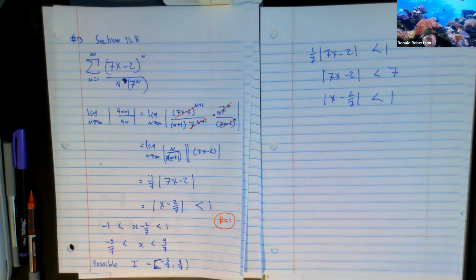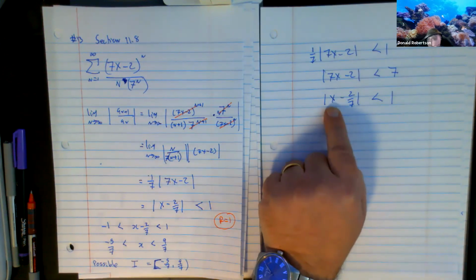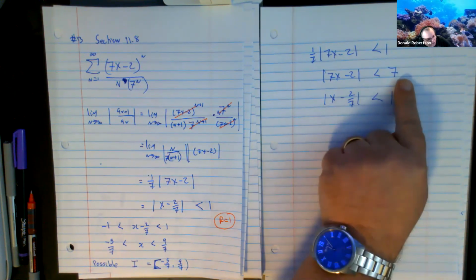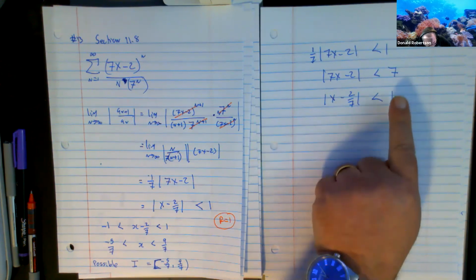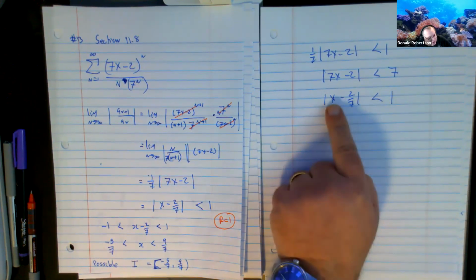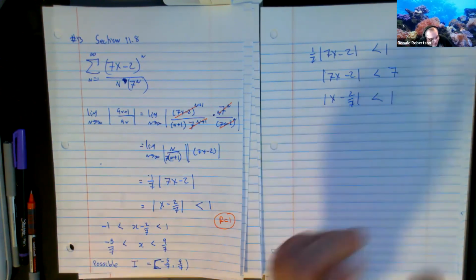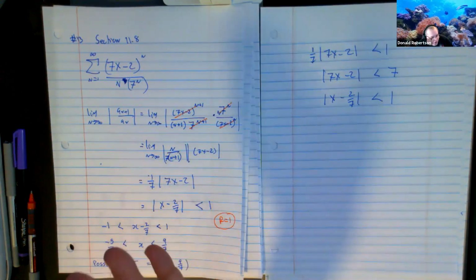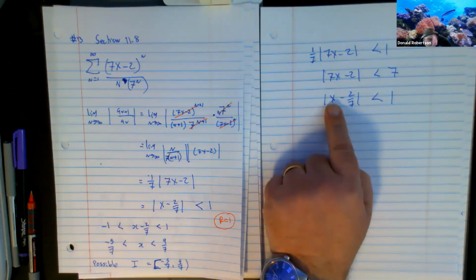Why do you need to do that? You only get radius of convergence when this is x. The radius of convergence is not 7. The radius of convergence is a number that you have here when that is 1, right? It's either absolute value of x in the easy ones, or it's x minus 2/3 in the harder ones, but it's always got to be x.